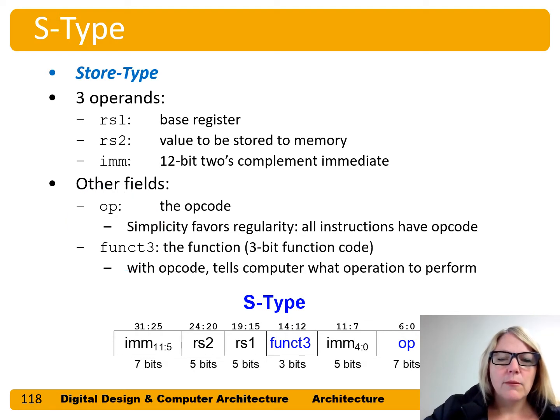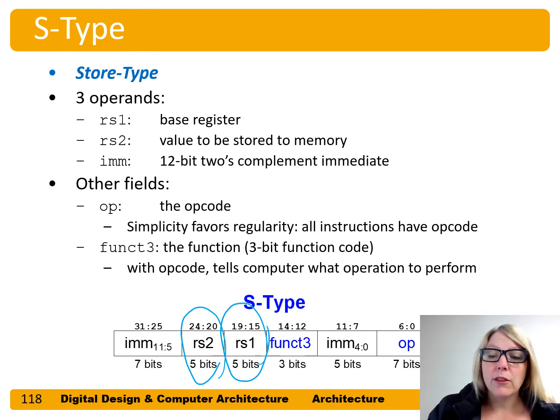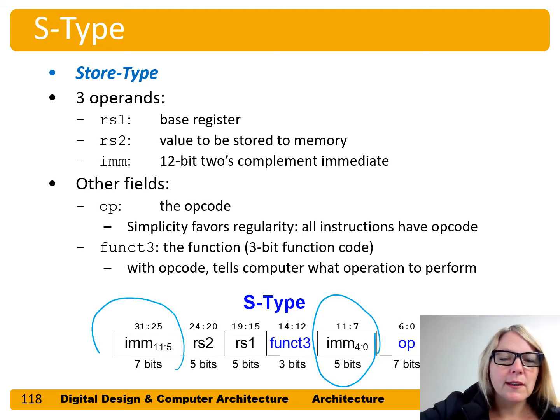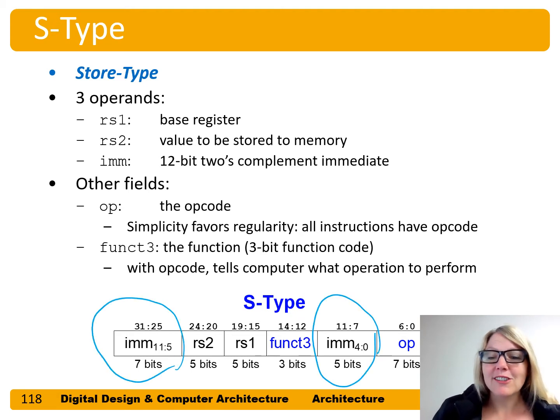RS1 and RS2 are in the same location as in other instructions that include those fields, and our opcode and funct3 fields are in the same bit locations of the instruction as other instructions that have those fields. The immediate is split between two locations in the instruction, in the high bits and then in bits 11 to 7 of the instruction.